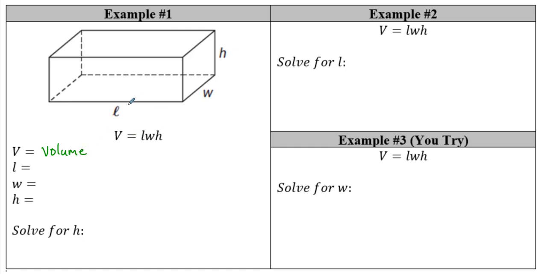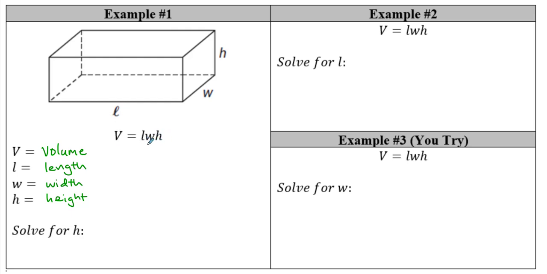Our dimensions: we have L that we use for length. I think you guys can pretty much fill out the rest of these with me. We got the width and we got the height. So our traditional formula is volume is equal to length times width times height.